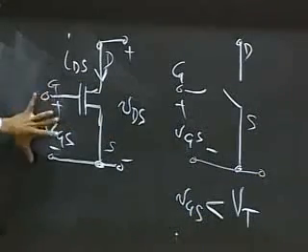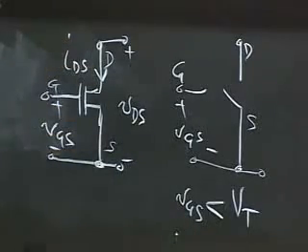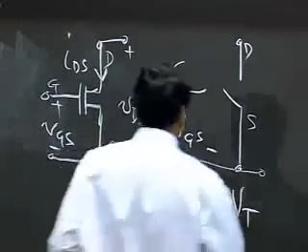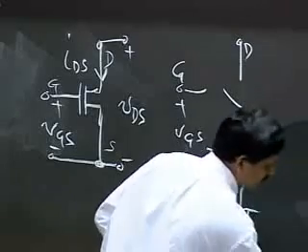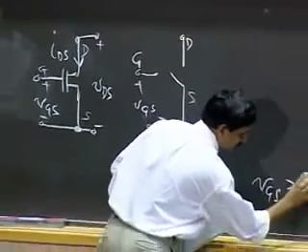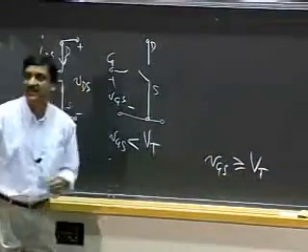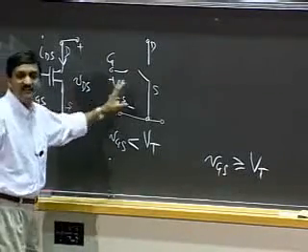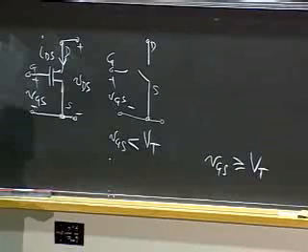So when VGS was less than some threshold voltage VT, there was an open circuit between the drain and the source. You saw this before, so nothing new here. However, when VGS is greater than or equal to VT, the MOSFET behavior we looked at earlier showed that it behaved like either a short circuit in the simplest form, or in a slightly more detailed form, like a resistor.